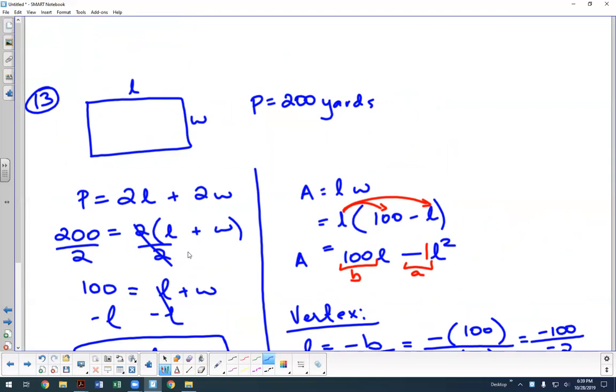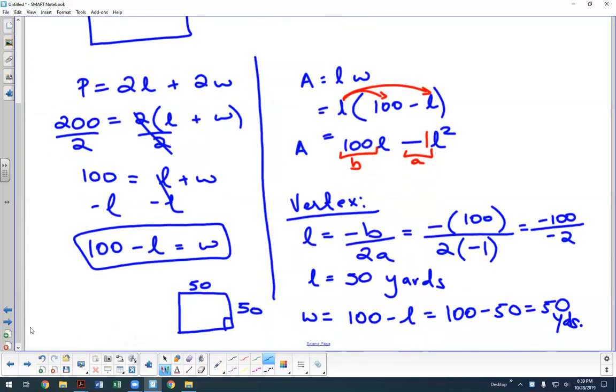Okay, so remember we started out with the perimeter formula because they told us how much fencing we had, which was 200 yards. So we basically broke down the perimeter formula where I got one variable isolated by itself, which was in this case the width by itself, and moved the length to the other side.